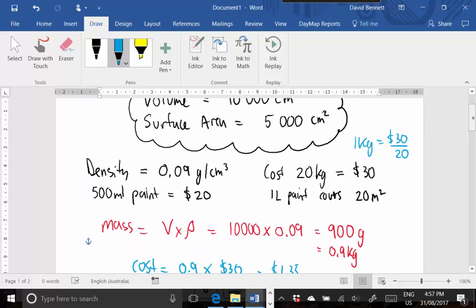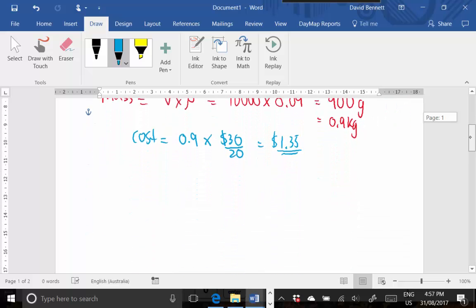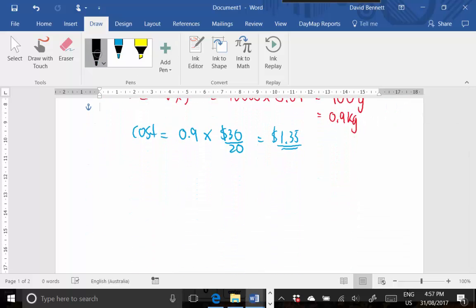If I have a surface area of 5,000 centimetres squared, then what I need to do here is convert 5,000 centimetres squared to metres squared because I know the coverage of a particular thing. So keep in mind our conversion.